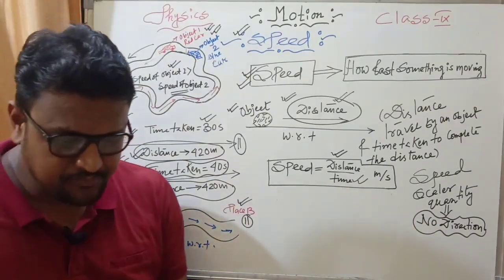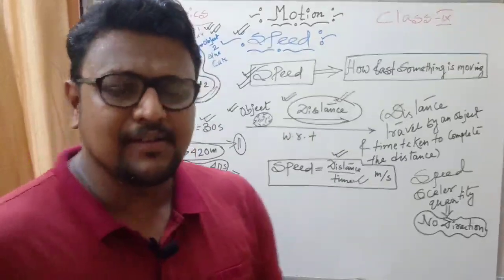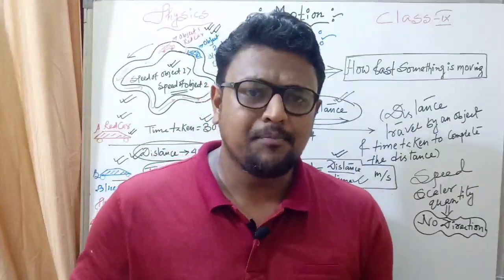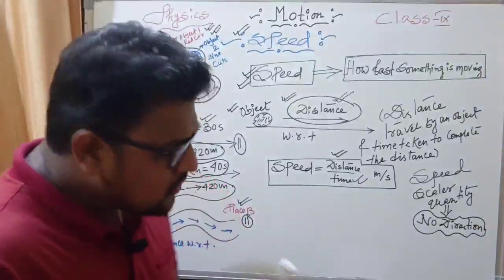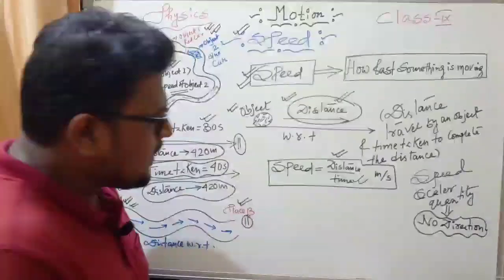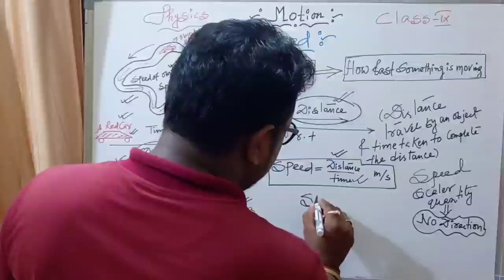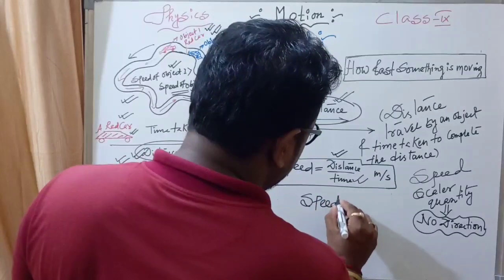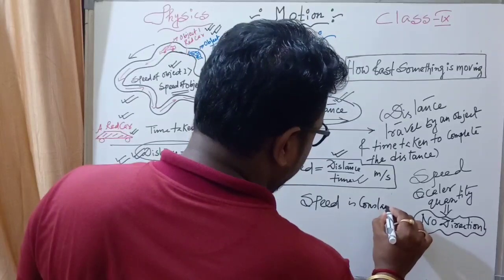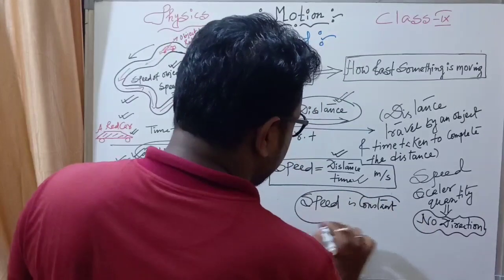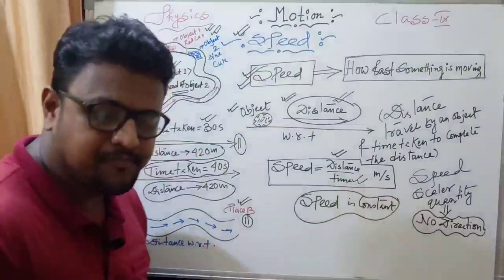When a car travels a particular path, a particular distance, do you think the speed is constant here?